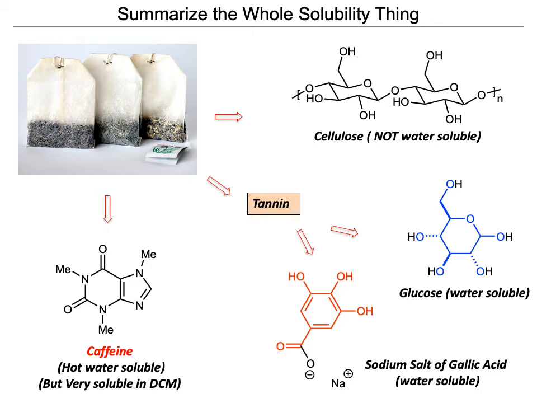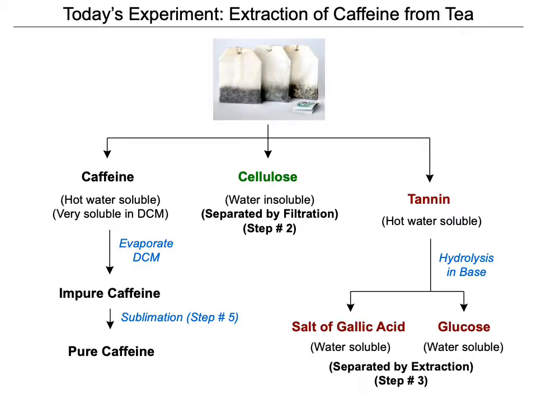After that, we are going to use the sublimation process to make the caffeine solid product. As you see, each tea has three components: caffeine, cellulose, and tannin. Cellulose is for the tea bags, and we have caffeine and tannin when we brew the tea in our water solution.